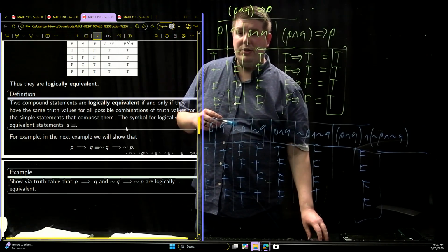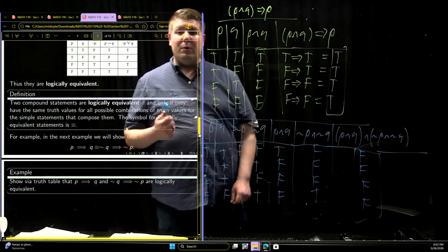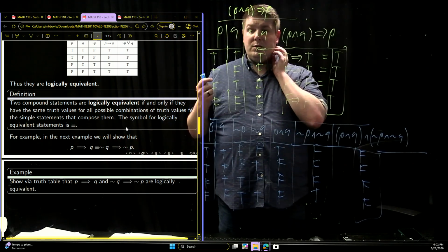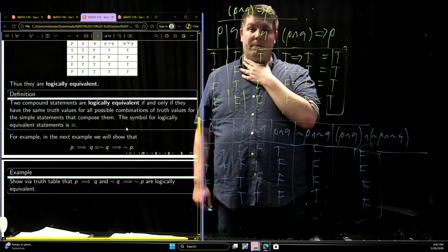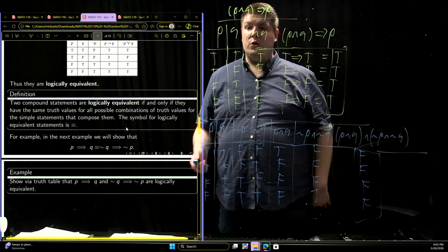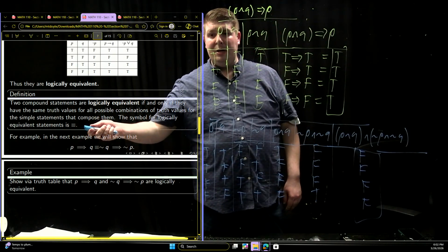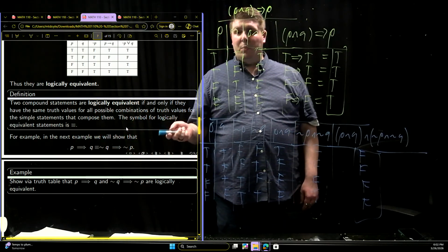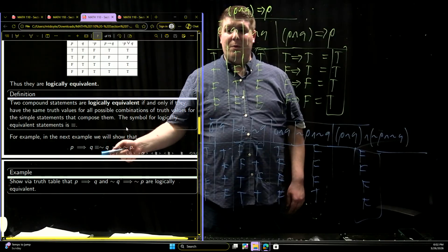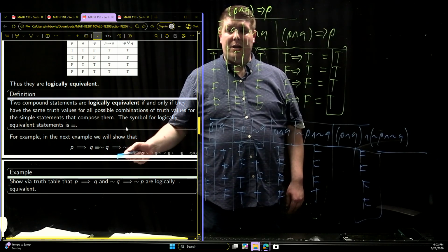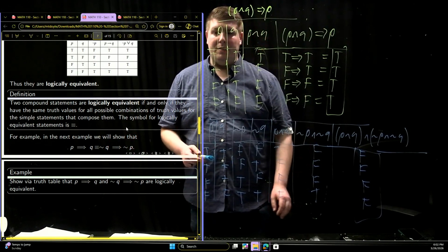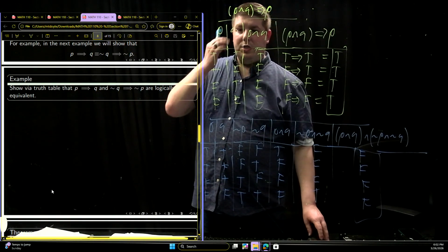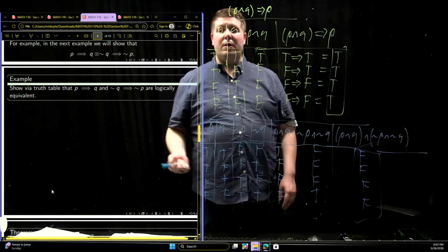So two compound statements are logically equivalent if and only if they have the same truth values for all possible combinations of truth values for the simple statements that compose them. The symbol for logically equivalent is like an equal sign, but it has 3 lines. So for example, we see that P implies Q is logically equivalent to not Q implies not P. We know what P implies Q looks like, right?